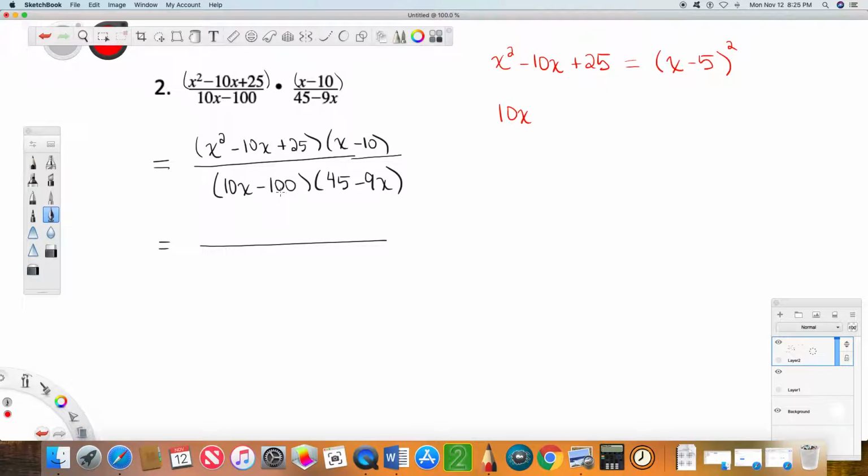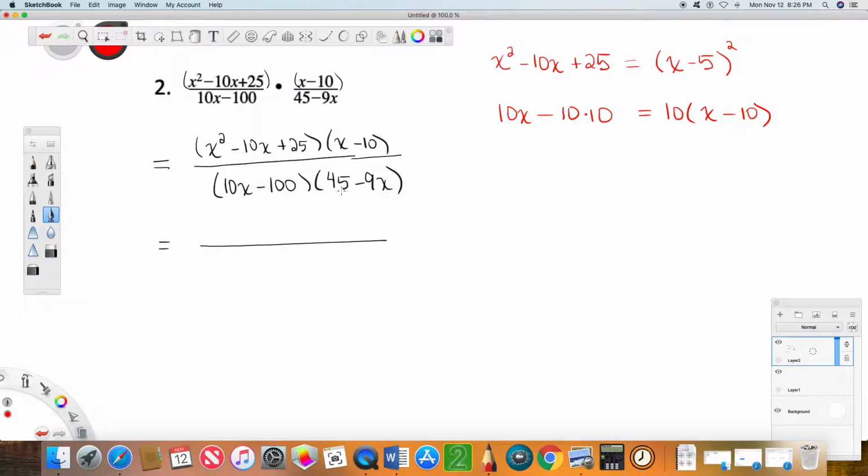10x minus 100. Well, let's write 100 as 10 times 10, and we can see that a 10 is common to both terms. We can factor out that common 10. What we have left in the first term is just an x, and in the second term, a 10.